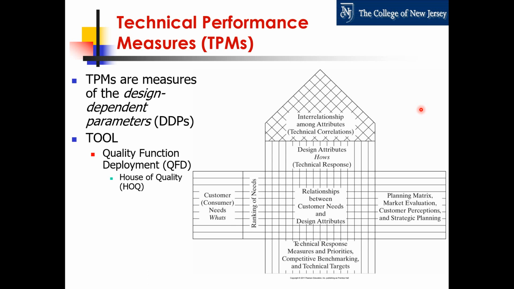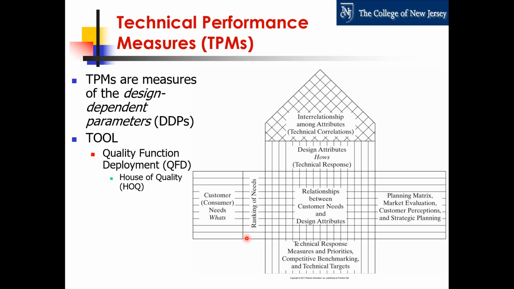So this tool has several parts. Here are the needs, and the needs are what it is that the system needs to perform. And the tool, as you'll see, has a facility for ranking the needs. You have to go through that exercise of ranking, and this tool iteratively helps you with that.